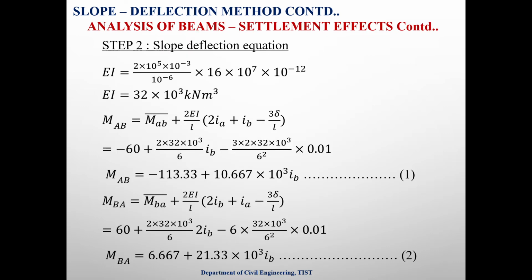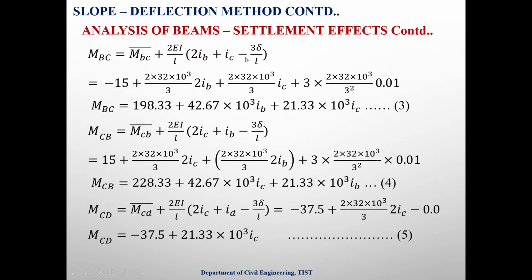That means in the equation minus 3 delta by L, if delta is negative, it will be plus 3 delta by L. So in the case of MBC and MCB, the value of delta is minus 0.01 meter. And θD is equal to 0, θC is unknown, θB is unknown.